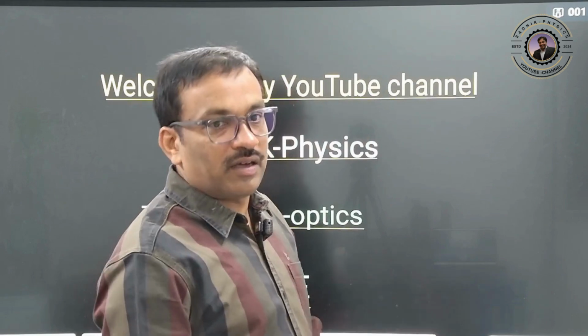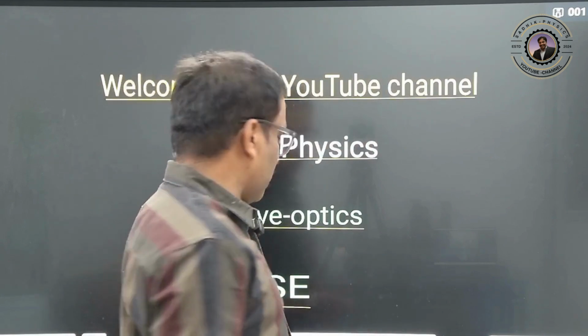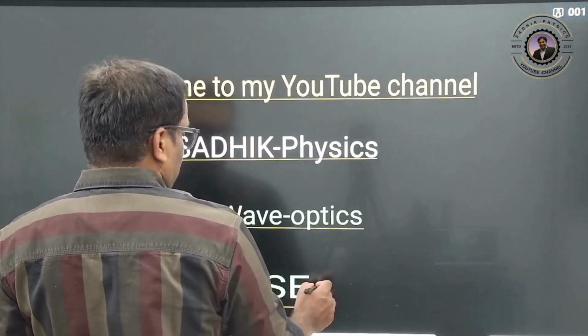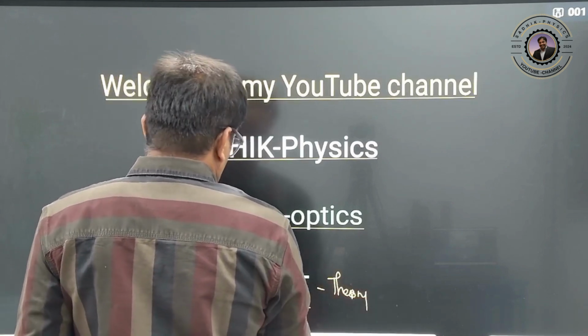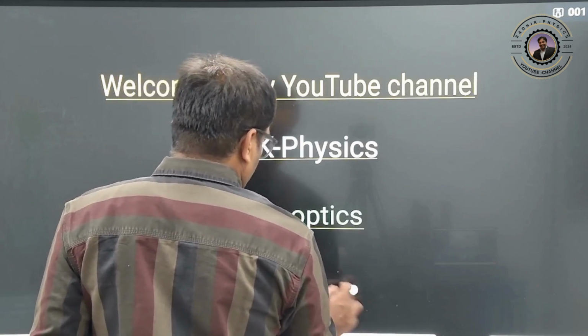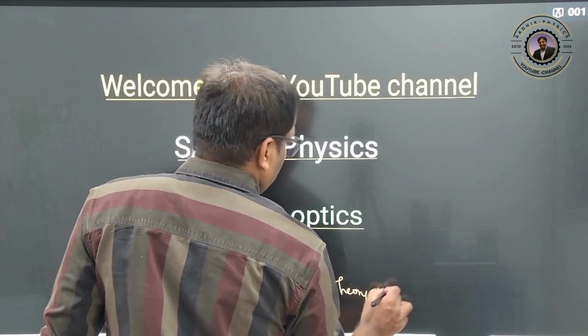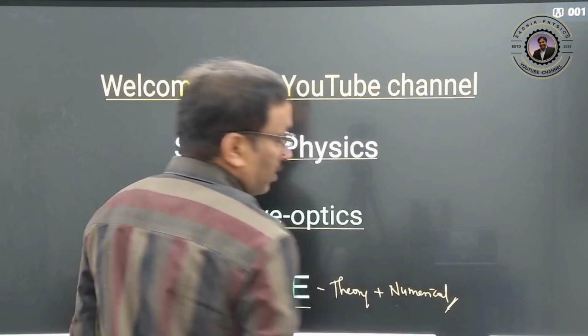So we started wave optics and we completed Huygens wave theory and interference. In the previous video I discussed YDSE theory, right? So YDSE theory we discussed, and in this video we are going to discuss numericals.